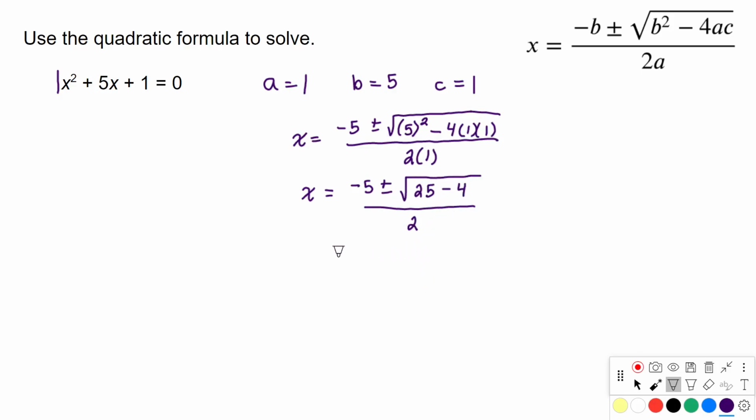Now we can simplify under that radical, so negative 5 plus or minus the square root of 21 over 2. Now we could consider this to be the exact answer. I do want to show you that this answer can be written as negative 5 halves plus or minus the square root of 21 halves.